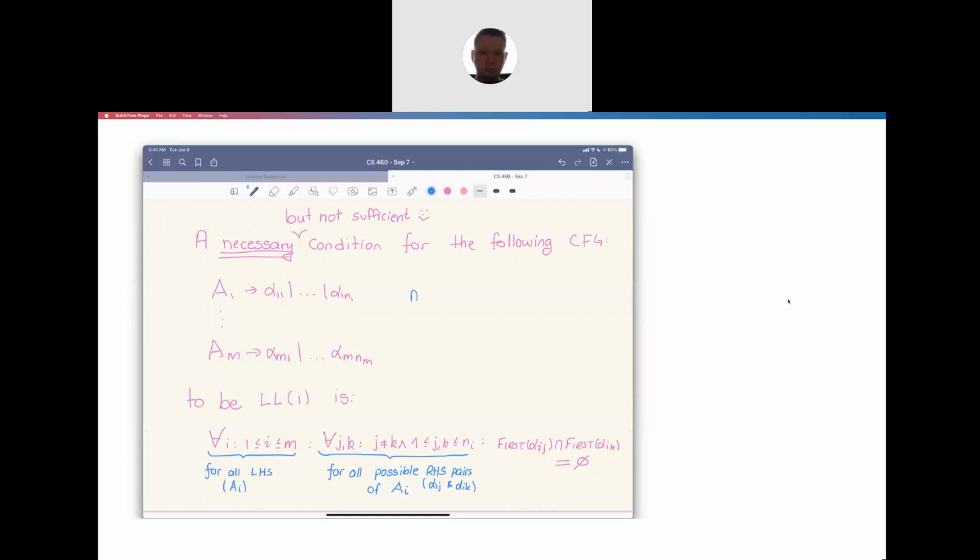All LL(1) grammars satisfy this, but not all grammars that satisfy this are LL(1).